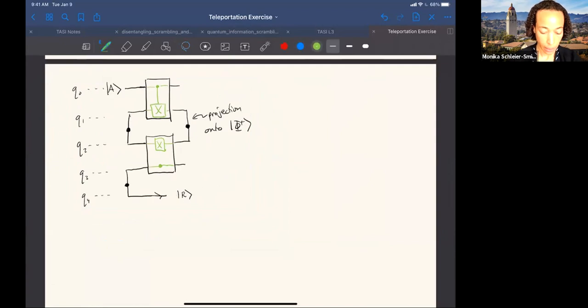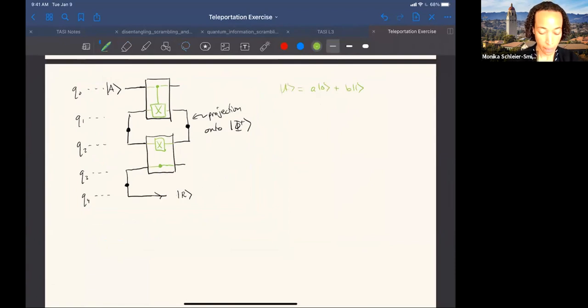Okay, so the first thing we would do, let's define Alice's state as A|0> plus B|1>. A and B will already be properly normalized.